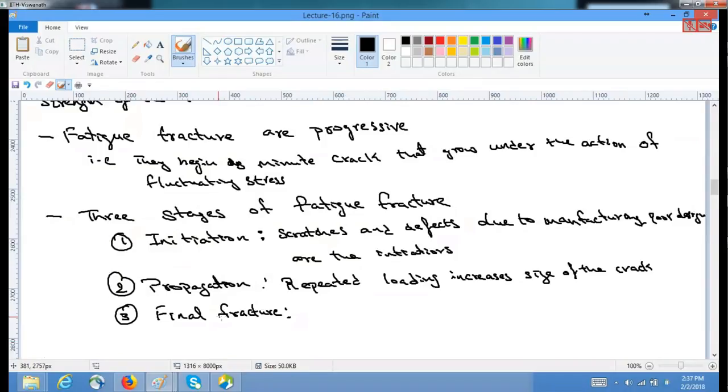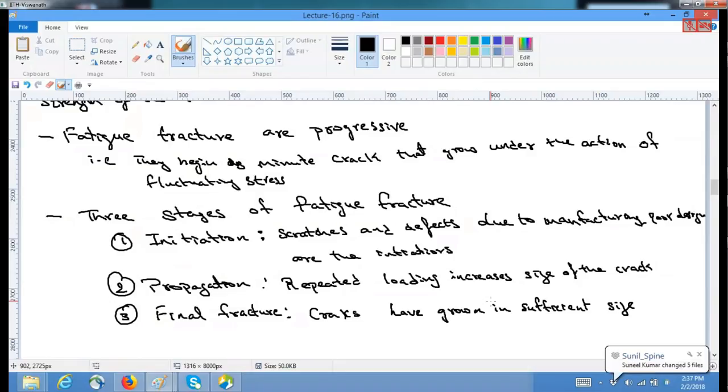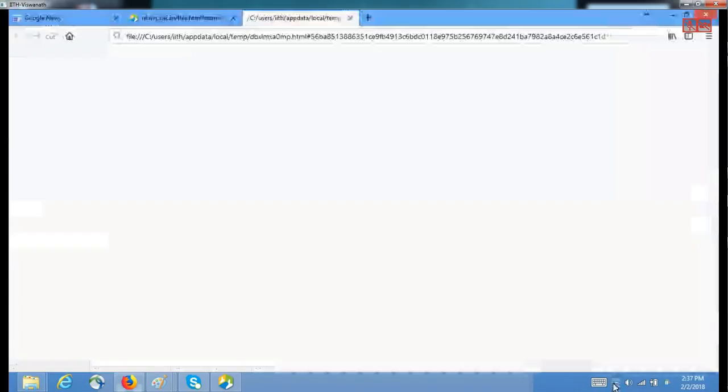So when cracks have grown to sufficient size, then comes the final fracture in the fatigue cases.